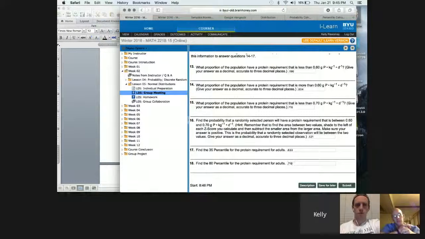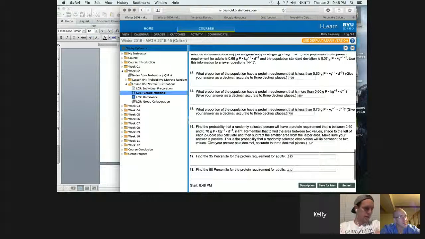Okay. That doesn't make a lot of sense to me. 63% is the 35th percentile, and 71% is the 80th percentile. Your protein intake should be 0.6 and 0.7. The average is 0.66 grams.